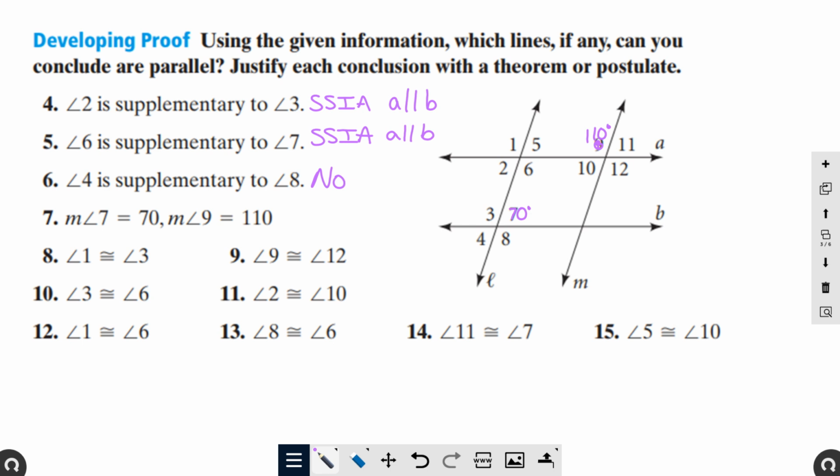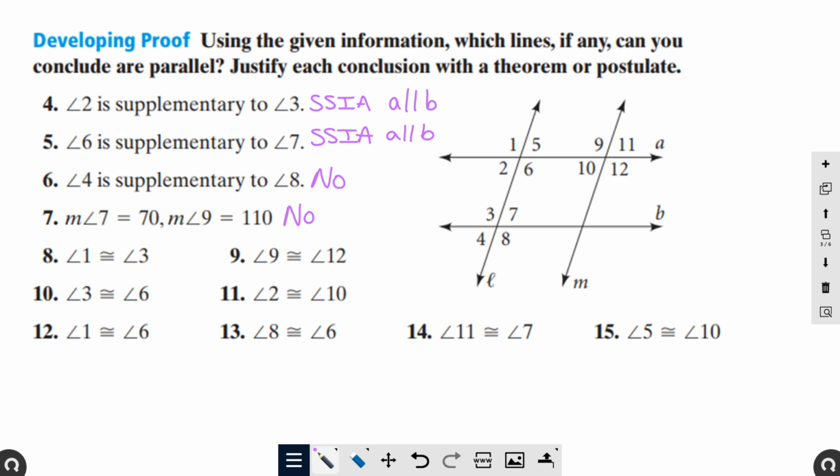Are they same side interior angles since they're supplementary? No, they're not. Same side interior to 70 was 6, right? And that's not angle 6, that's angle 9. So does that prove that our lines are parallel? No, it does not. So that one is another no. So it has to be same side interior angles to be supplementary.